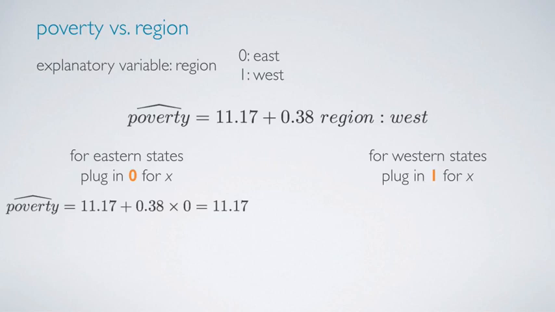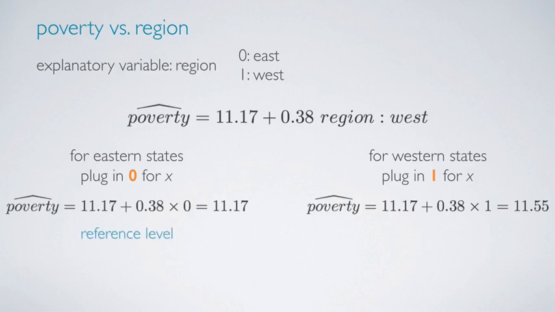So in this case, we're calling west a success, east a failure, if you will. And if we solve for that, the predicted poverty rate then comes out to be 11.55%.